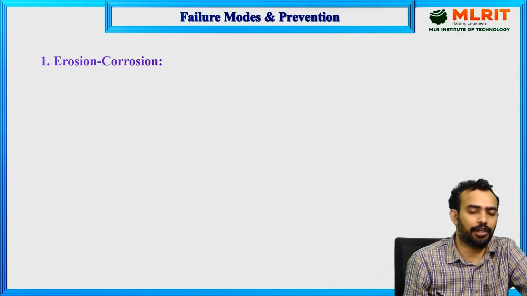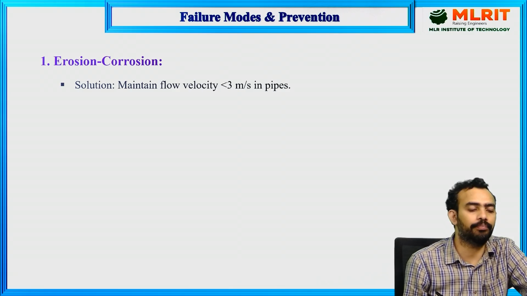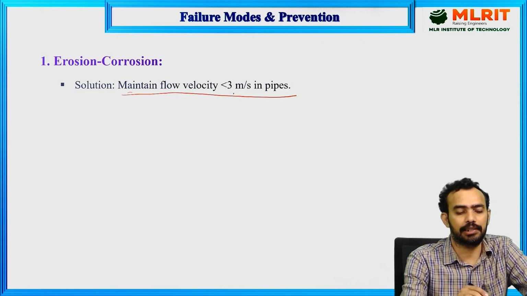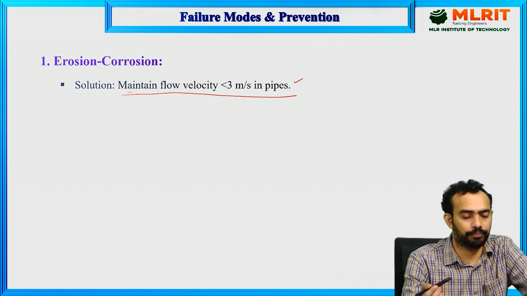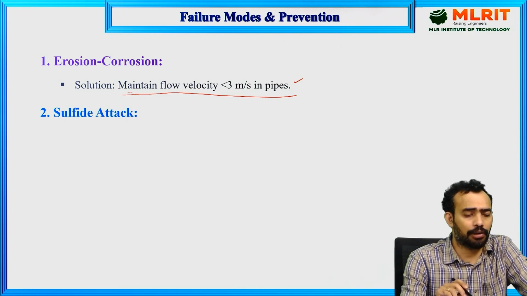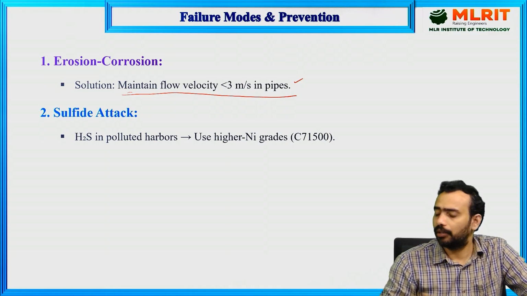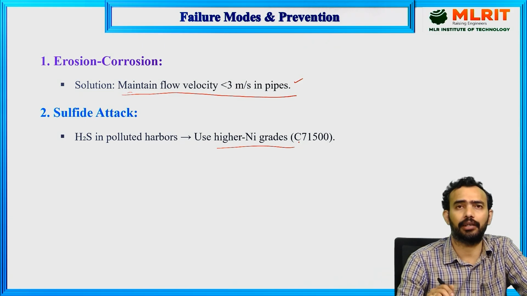If you look at the failure modes and their prevention: erosion corrosion is a problem, where the solution is to maintain the flow velocity at less than 3 meters per second in the pipes, so that the problem of erosion can be avoided. Then we have sulfide attack, that is hydrogen sulfide in polluted harbors, where high nickel grades are used.